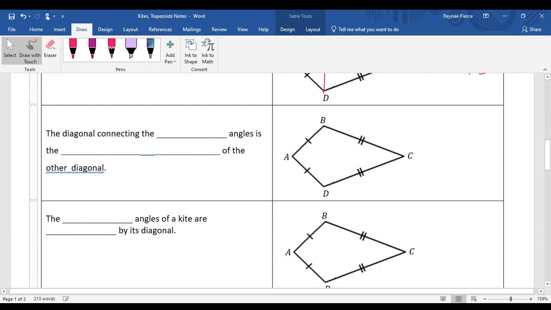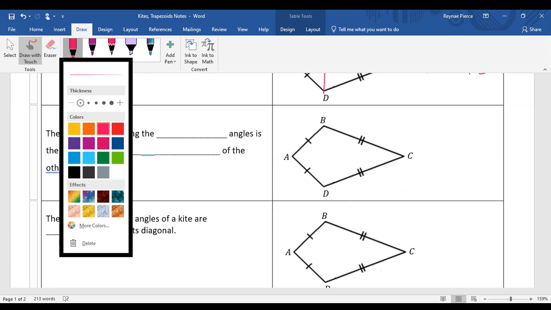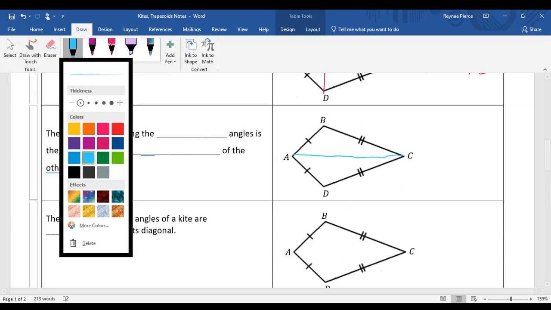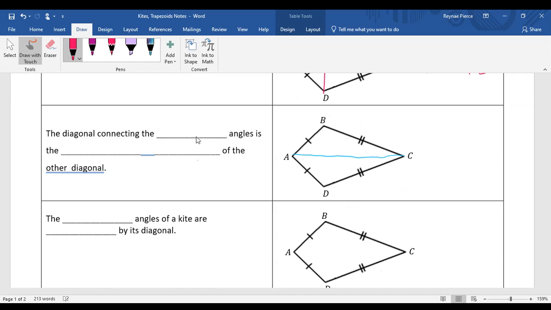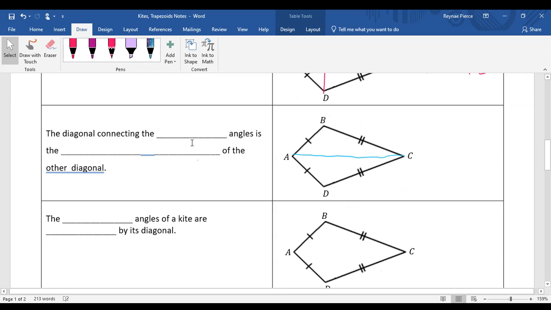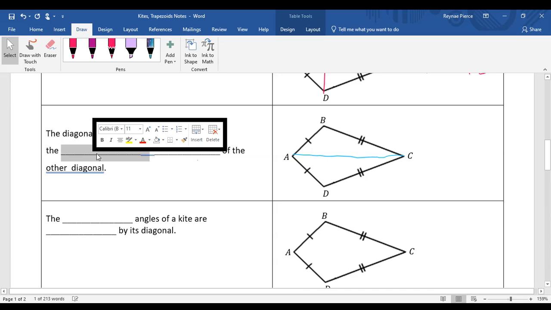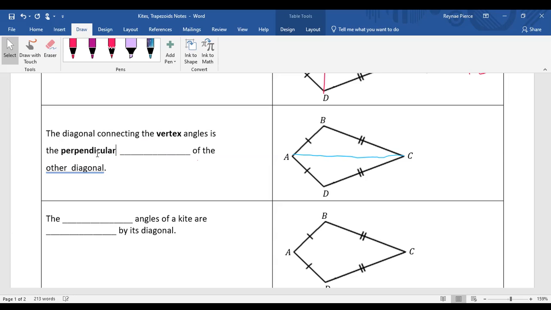Now, the diagonal that is connecting the vertex angles. So if we draw AC in here, those are our vertex angles. So the diagonal connecting the vertex angles is the perpendicular bisector of the other diagonal.